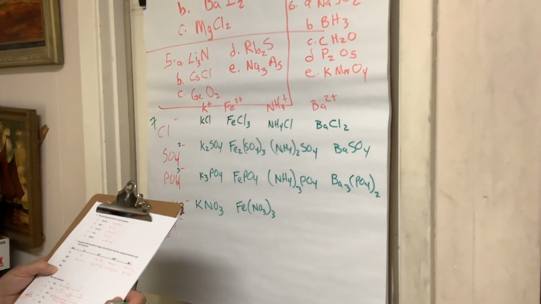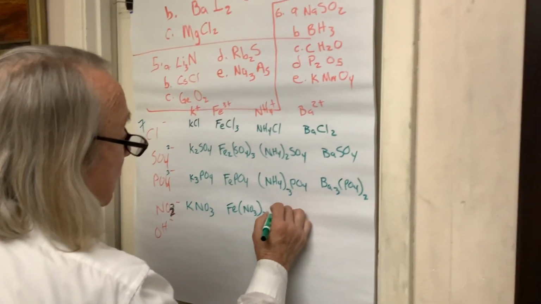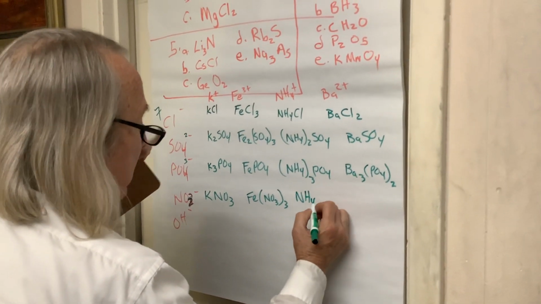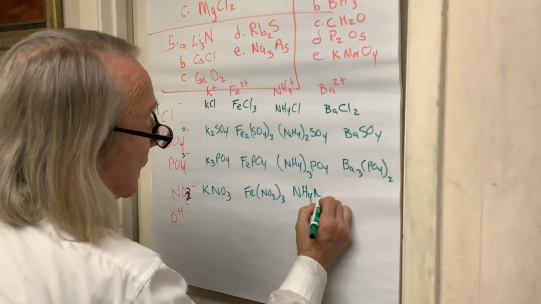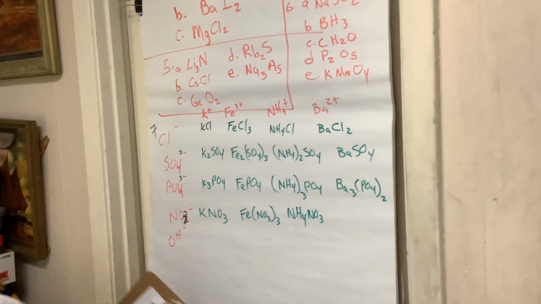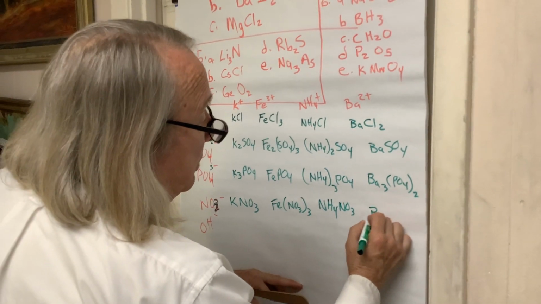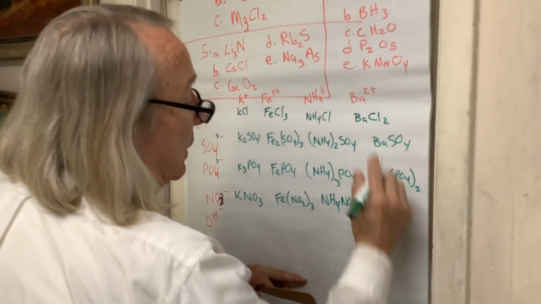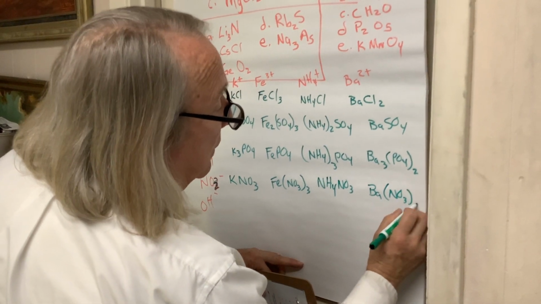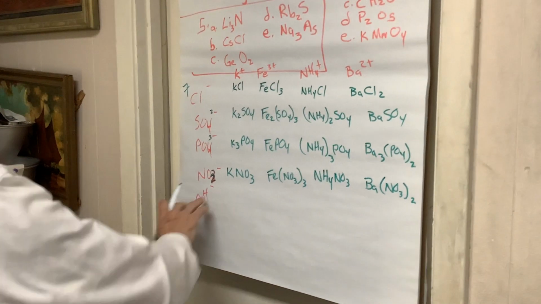The next one is ammonium nitrate, a wonderful fertilizer because it's got lots of nitrogen in it, 2 nitrogens, one in the ammonium and one in the nitrate. And barium nitrate, which would be Ba, which is 2 plus, and the nitrate's -1, so I need 2 of those nitrates. Now for the OH.